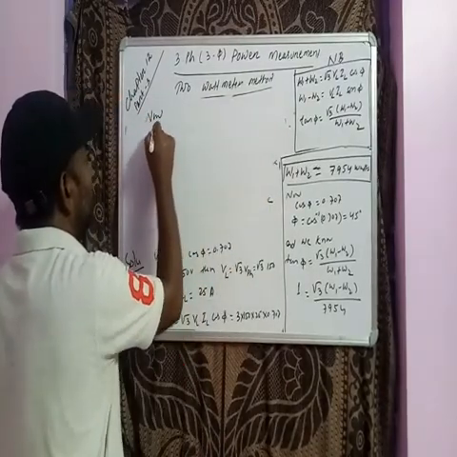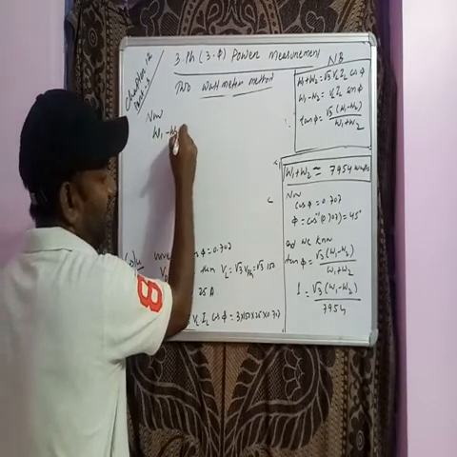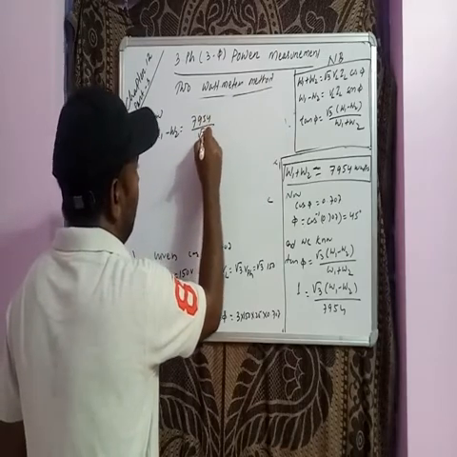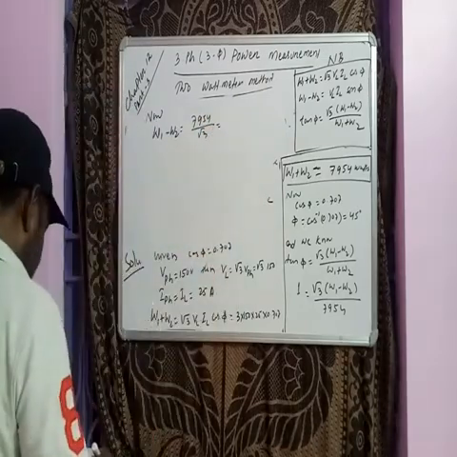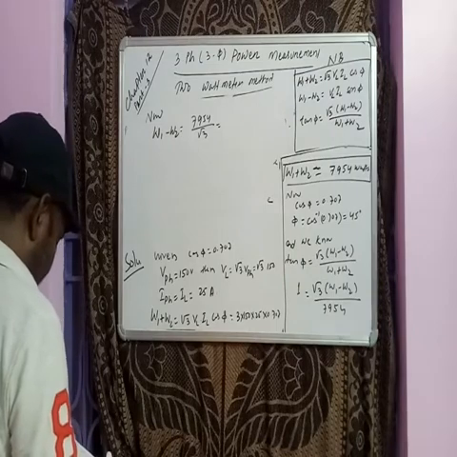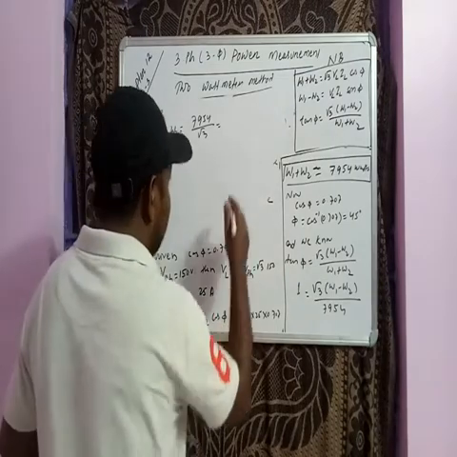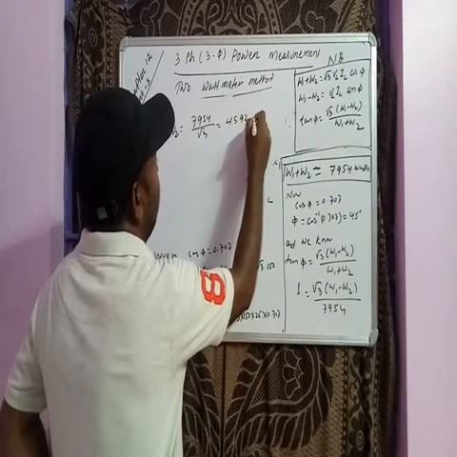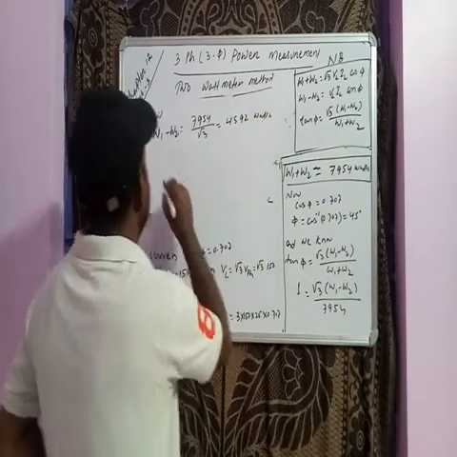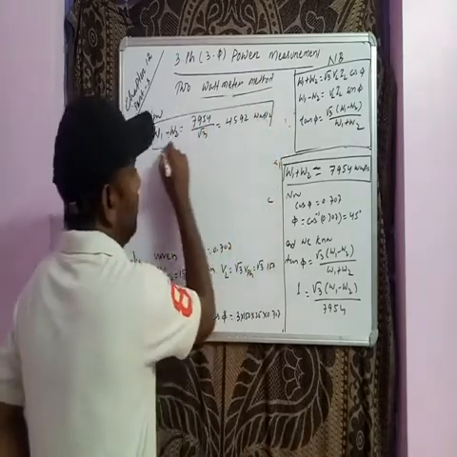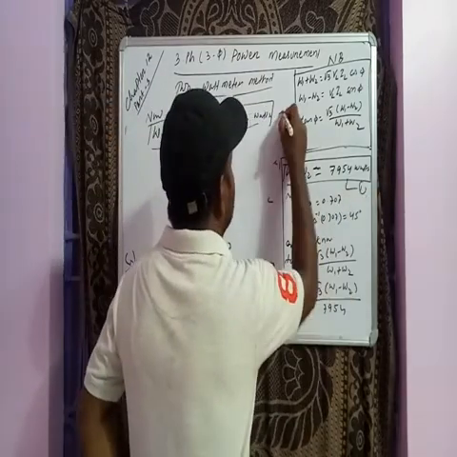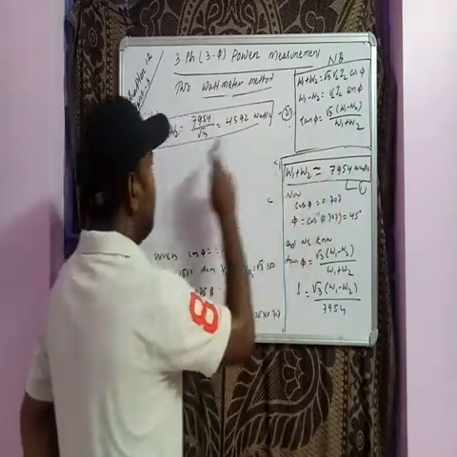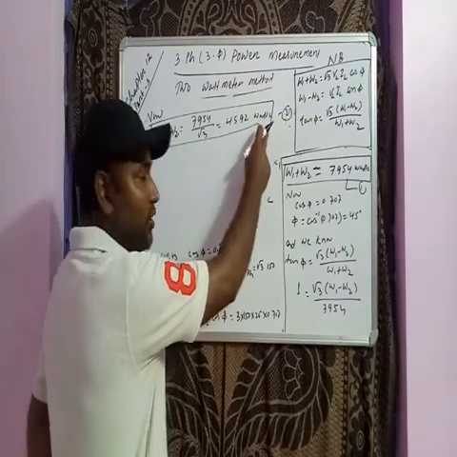Now W1 minus W2 becomes 7954 by root 3, and this value is coming 4592 watts. So this is equation 1, this is equation 2. Okay, so W1 plus W2 is this one, W1 minus W2 is this one.